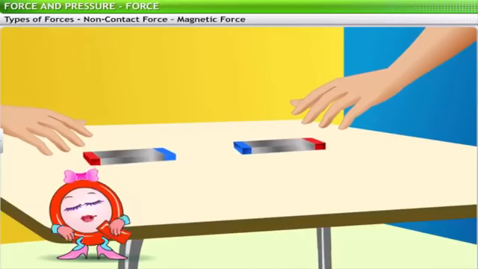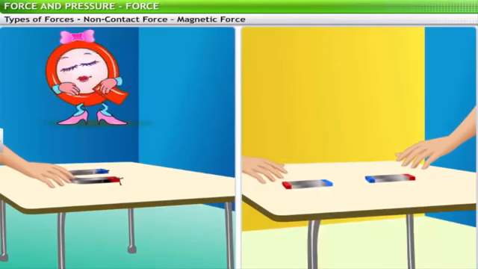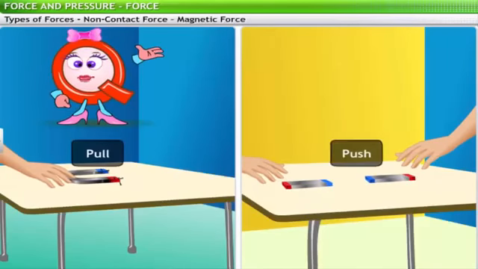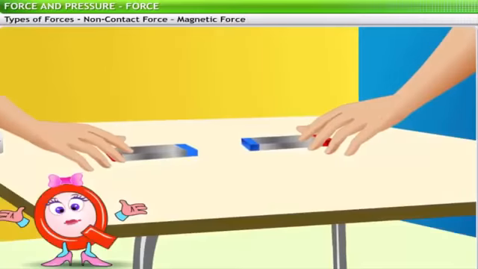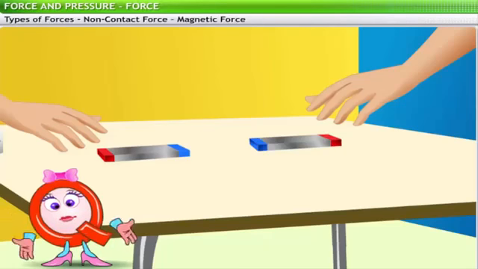They are pushing each other away. So, can you see how magnets exert pull as well as push force on each other? You're right. The magnet pulls nails to it, but it pushes away the like pole of another magnet, and all without actual contact with the nails or the other magnet. Very good.